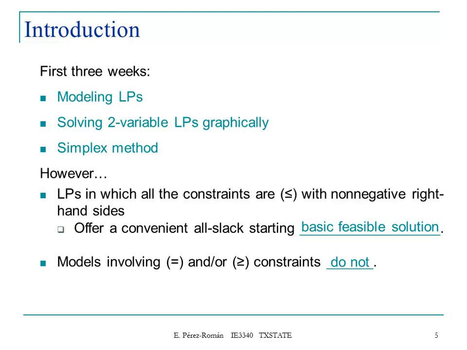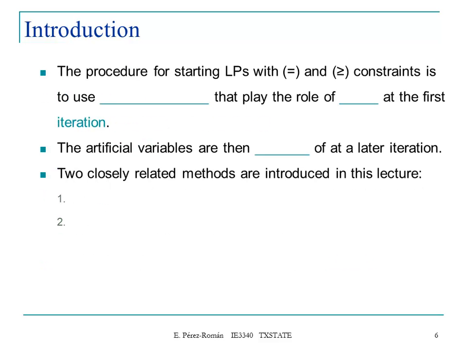You cannot add those slack variables and start constructing your simplex method. So for those cases, the procedure for starting the LP with equalities and greater-or-equal constraints is to use artificial variables that play the role of slacks at the first iteration.